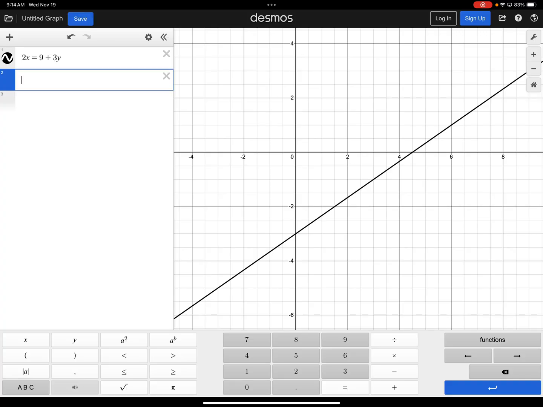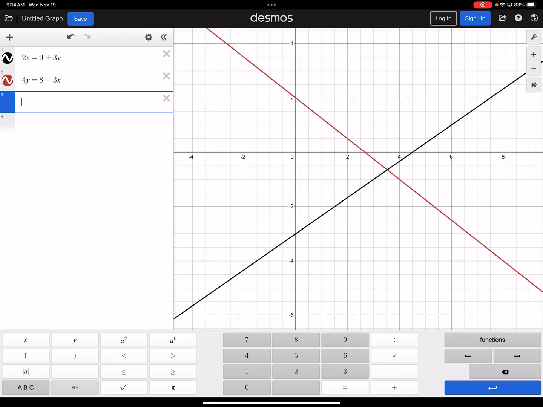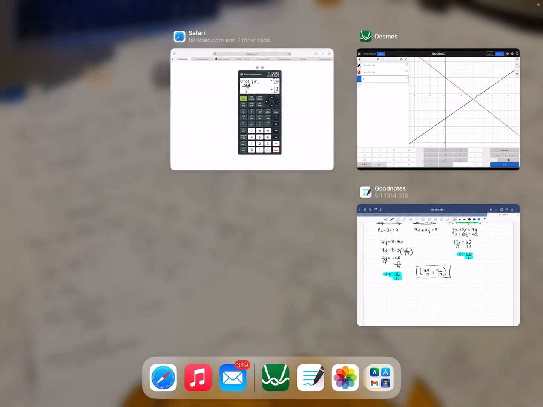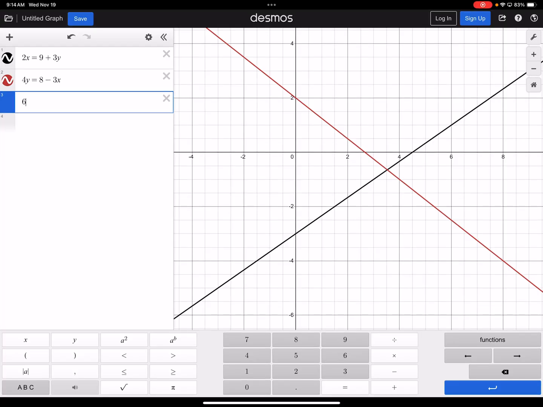And then I've got 4y equals 8 minus 3x, correct? Okay, what did we get? What was our x value? 60 over 17? 60 divided by 17. Not 6. Go up, go up, go up.